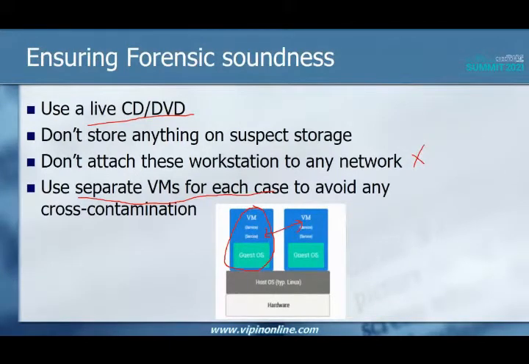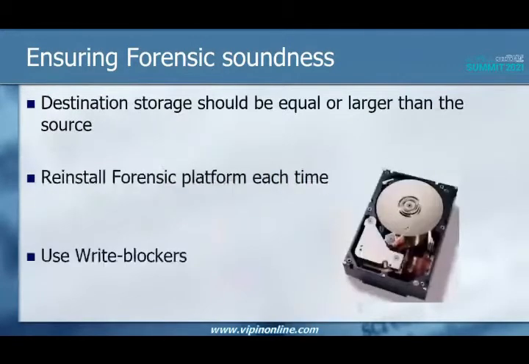Okay. To ensure that the evidence is not altered in any way, we can use a special kind of hardware. Okay. For forensic acquisition, the fundamental thing is to acquire the evidence.